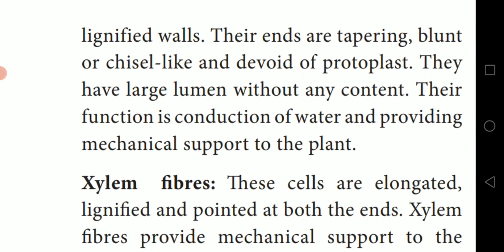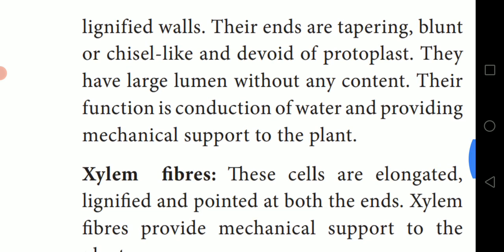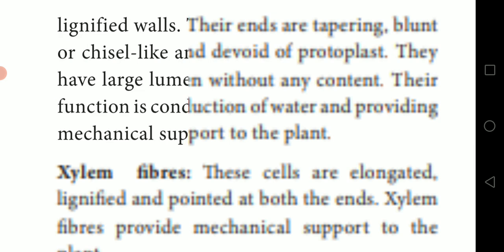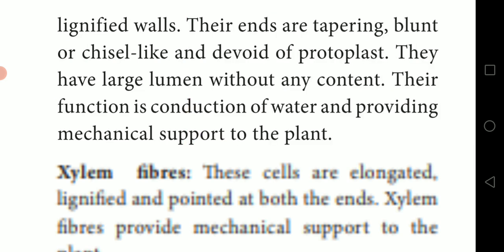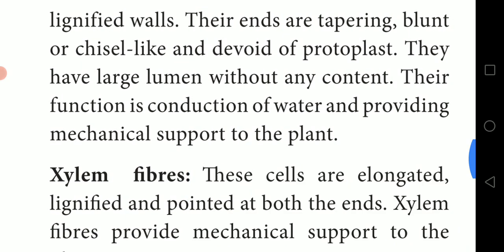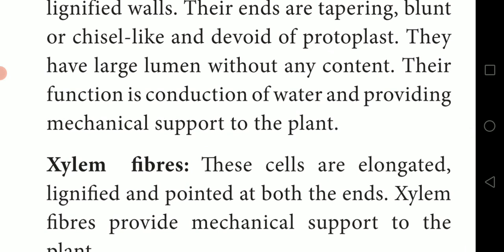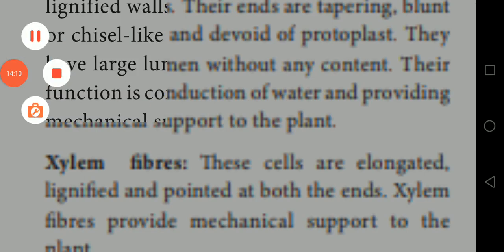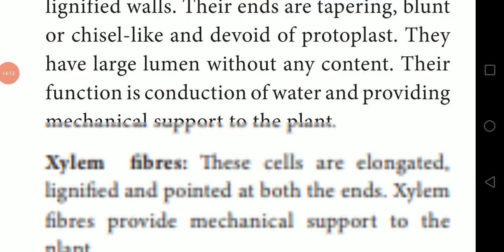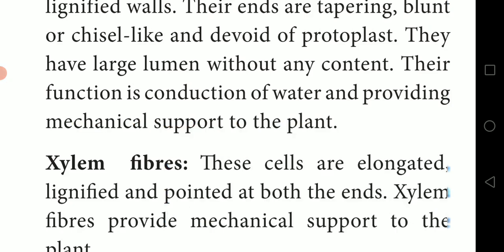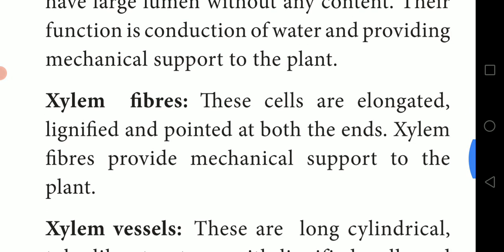The ends are tapering, blunt or chisel-like, and devoid of protoplast. They have a large lumen without any content. Their function is conduction of water and providing mechanical support to the plant.